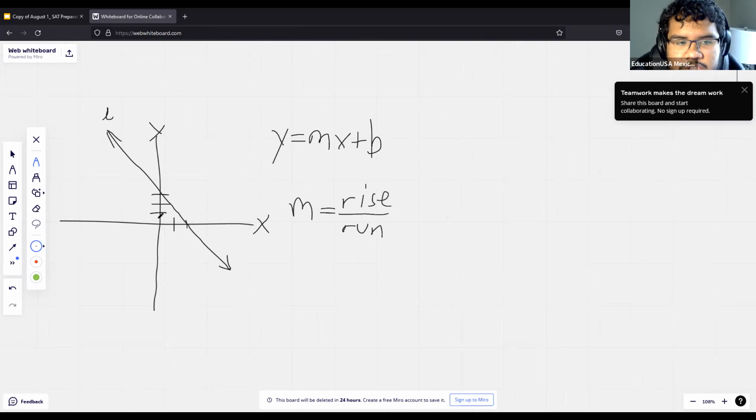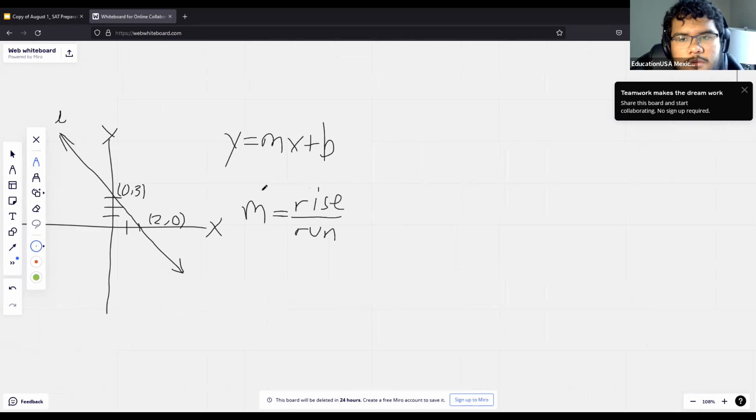Let's note these points down. We start with this first point up here. The x coordinate is 0 and the y coordinate is 3. And then for the second one, the x coordinate is 2, but the y coordinate is 0.